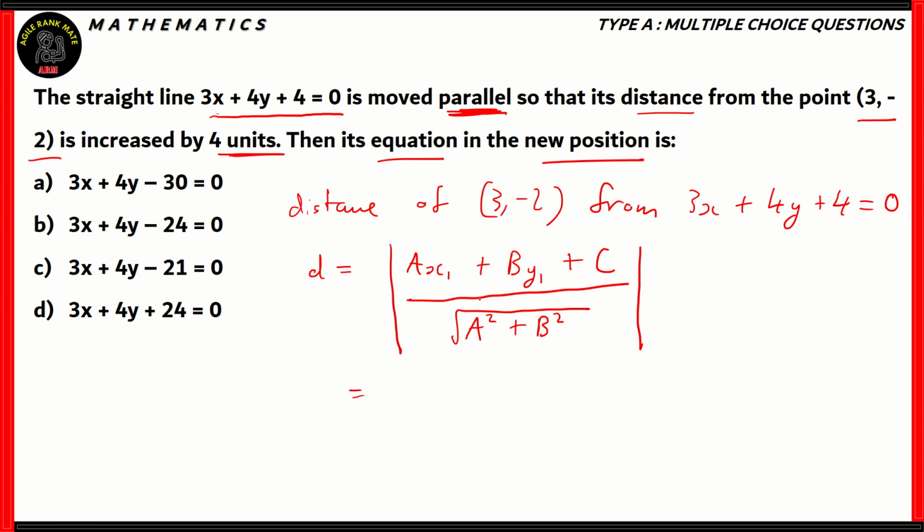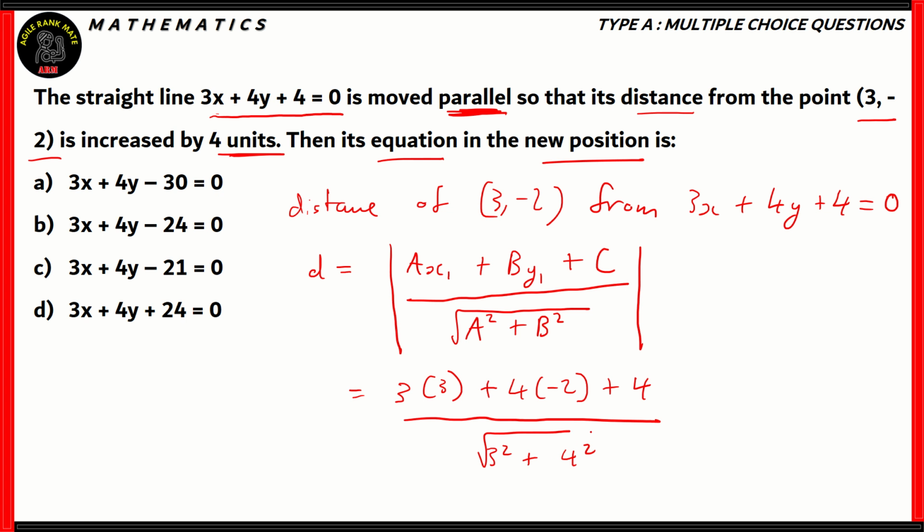So let's substitute those values. a stands for 3, x1 stands for 3 again, b stands for 4, y1 stands for -2, and c stands for 4, divided by the square root of 3 squared plus 4 squared. Now all of this is kept under a modulus at all times.